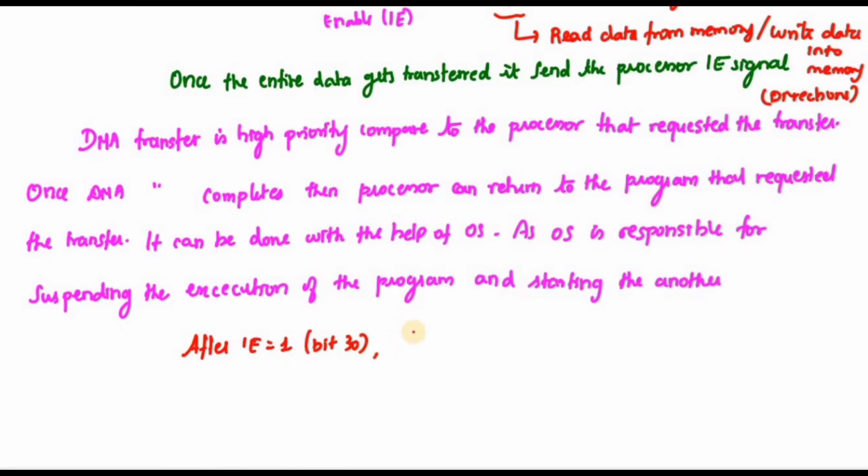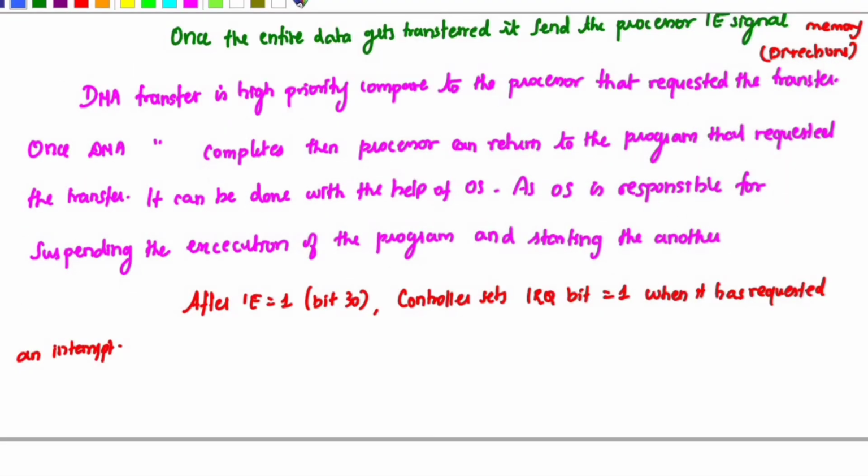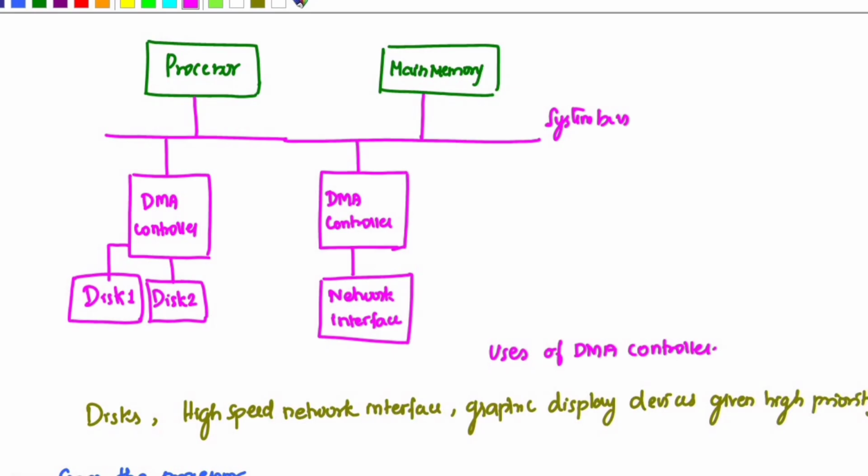After the IE bit, that is the 30th bit, goes to 1, the controller will set the IRQ bit equal to 1 when it has requested an interrupt. So these are the uses of a DMA controller.